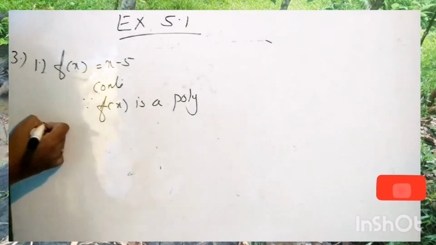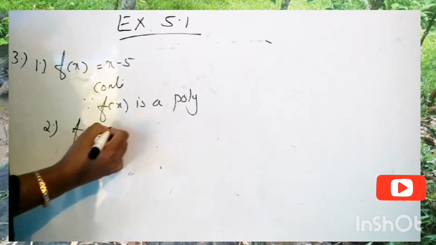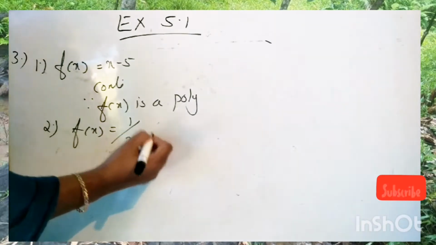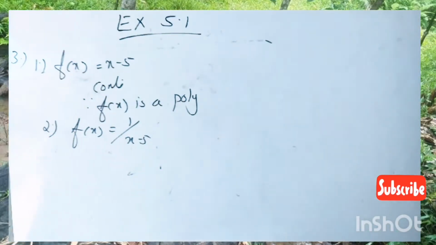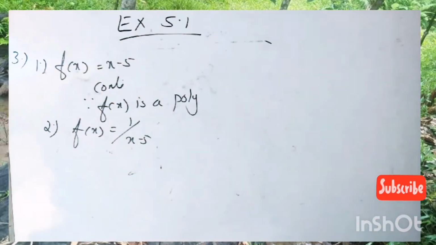Now the second one, f of x is equal to 1 divided by x minus 5. The numerator is 1 and the denominator is x minus 5. And this numerator is actually a constant polynomial.